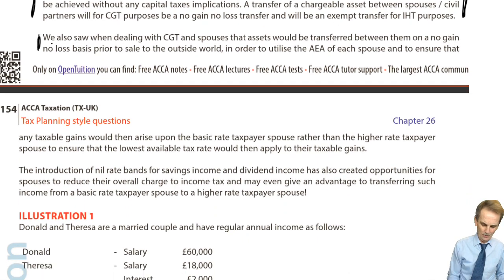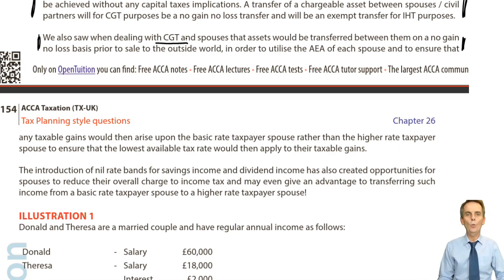What we're not yet able to deal with, though again we may have mentioned it last time, is capital gains tax. Again, it's a concept, but we have no detailed knowledge at all at this point. What you might do is move an asset across from one spouse to another, not to provide a lower income tax rate on future income from that asset, but as a prelude to a sale of that asset, whereby, by the transferee spouse selling to the outside world, a lower CGT liability would arise than if the existing owner of that asset were to sell.